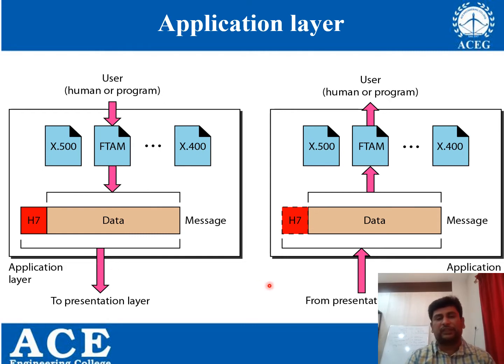Similarly, at the receiver side, the data will be forwarded from the presentation layer to the application layer, in which it consists of the header as well as the data. So we'll remove the header content, and this data will be forwarded to the user.